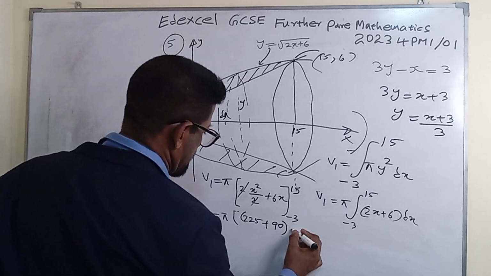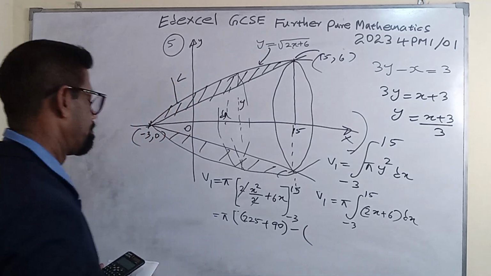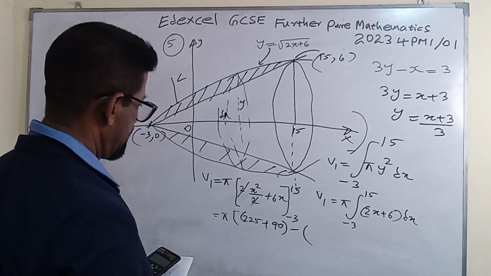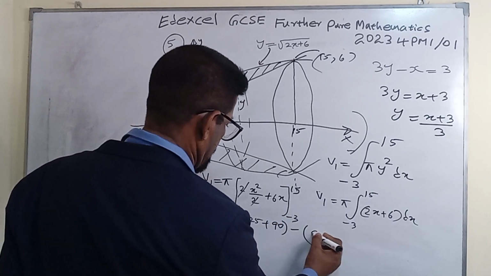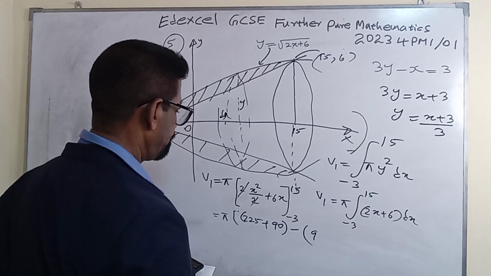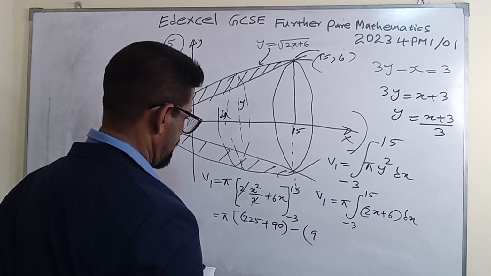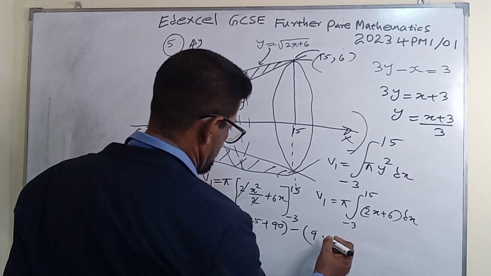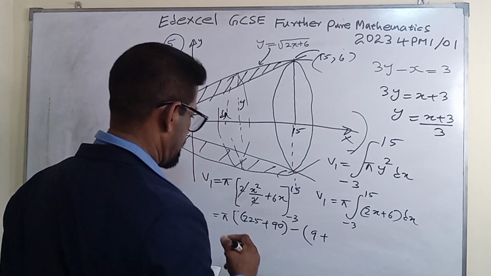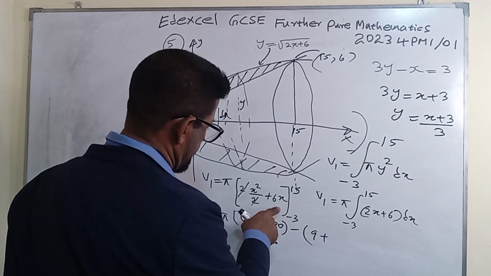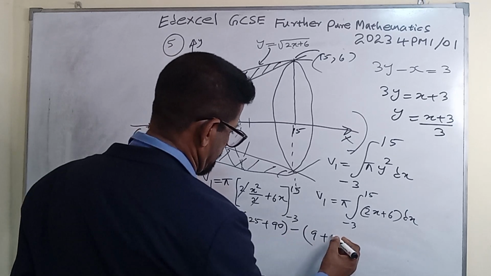And minus, minus 3 squared means 9. And then plus 6 times minus 3, minus 18.